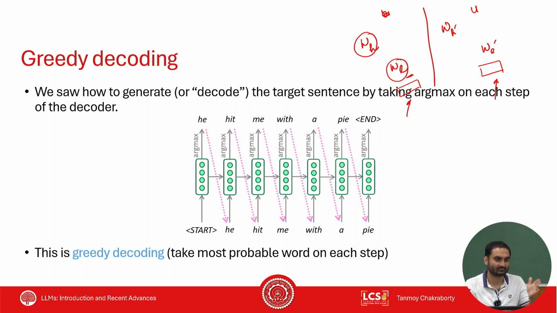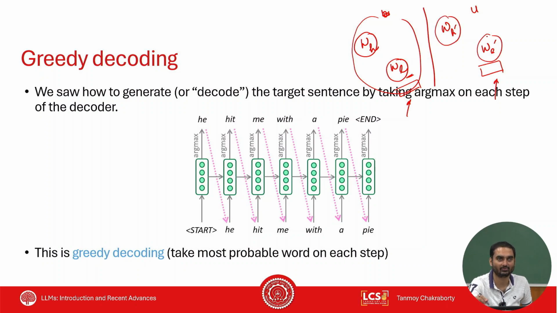Okay, so now during the inference time, what will we do? We are given the French sentence. We pass it to the encoder and use these matrices to get the final hidden state of the encoder. That hidden state will be given to the decoder, and in the decoder I already know WH dash and WE dash. Based on that, I will generate the first hidden state of the decoder.